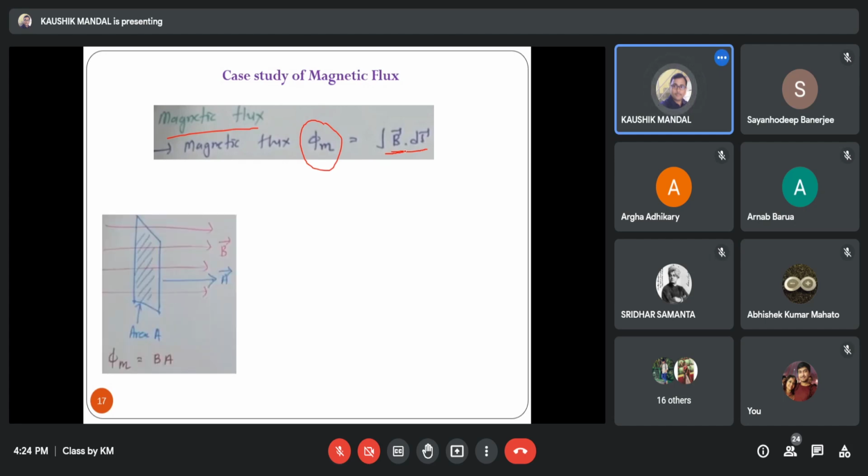So consider this case first. The red lines are representing the magnetic field lines.